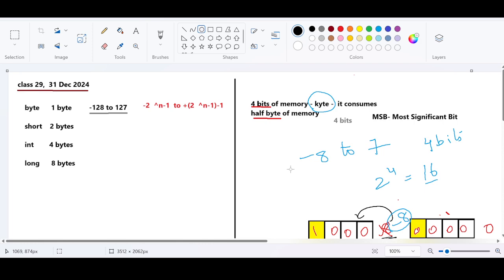Yes, no doubts. Okay. Now the next thing is, this is how you can calculate for each and every data type. Okay, let me write something.